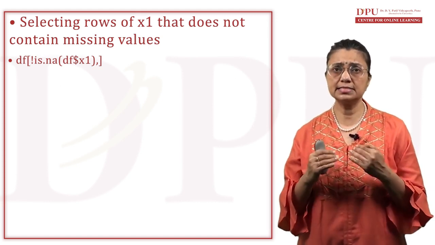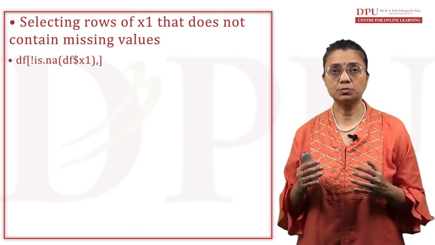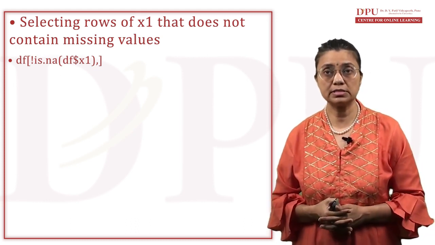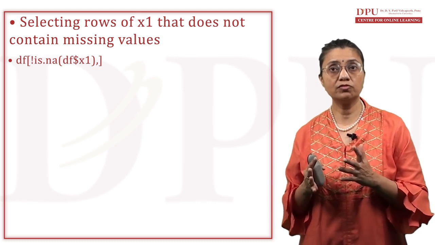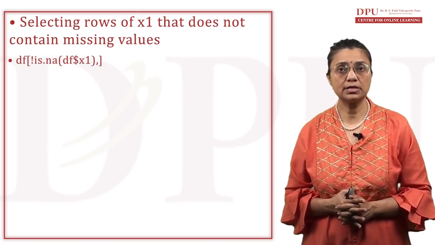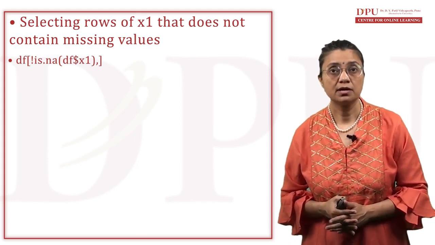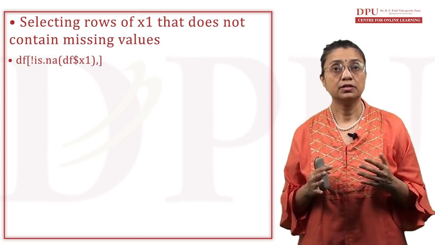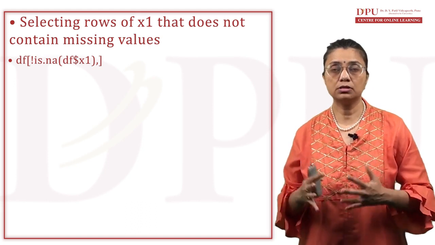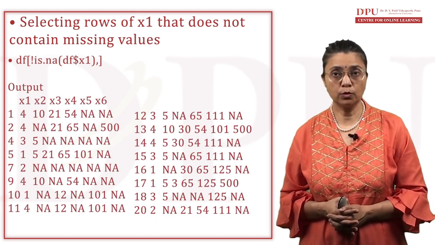And I'm applying the exclamation mark, which means I'm reversing the value of is.na. In that case, wherever there is not NA, which means wherever data is there, select all those rows. So you can see the output over here.